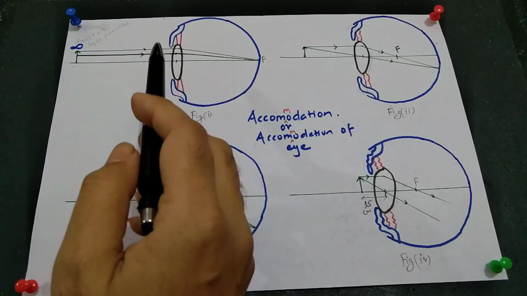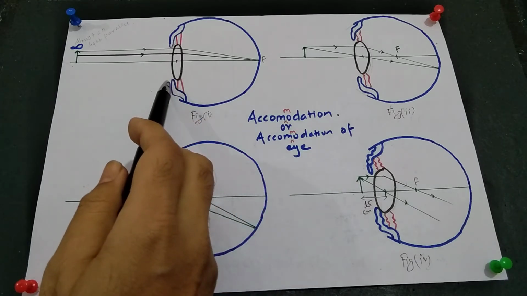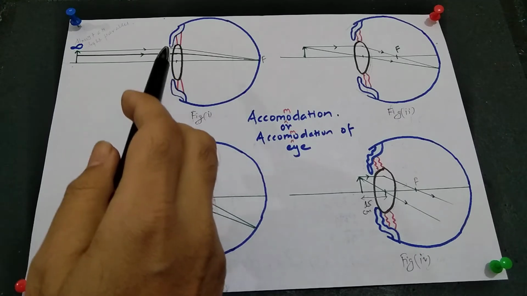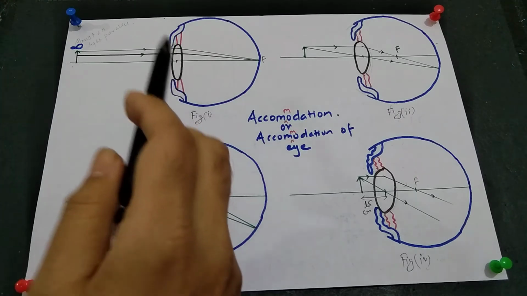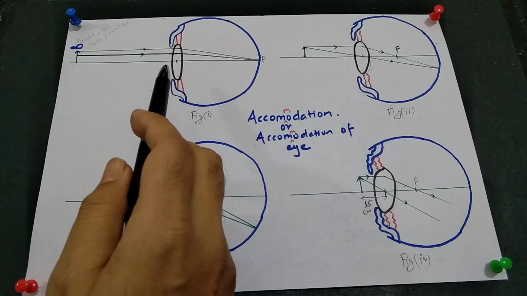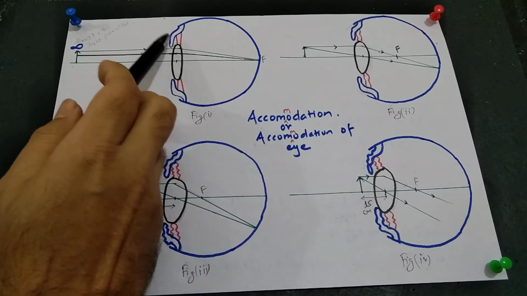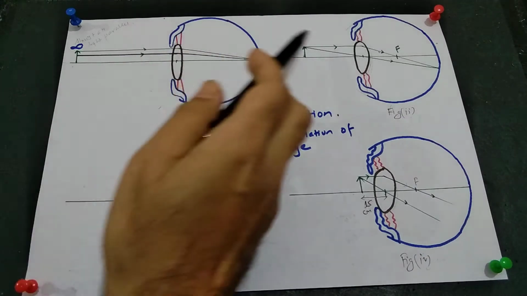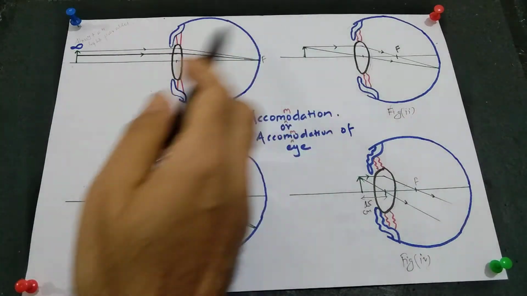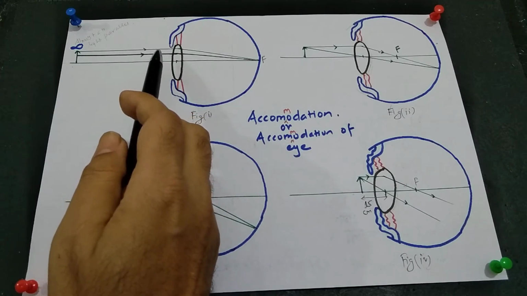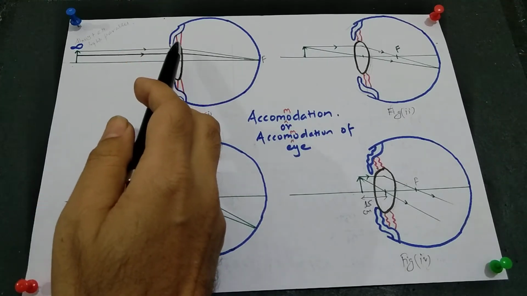Our eye has a biconvex lens made up of protein, and it is gelatinous. This structure is the ciliary muscle that can contract, I mean to say it can shrink, and relax.